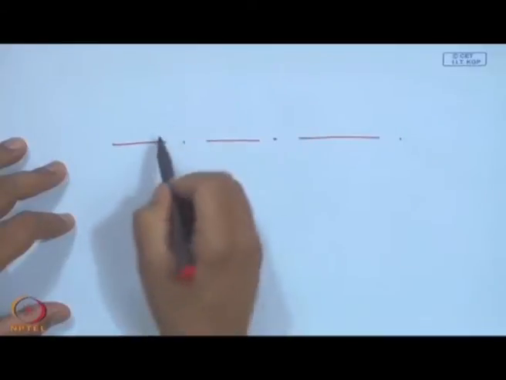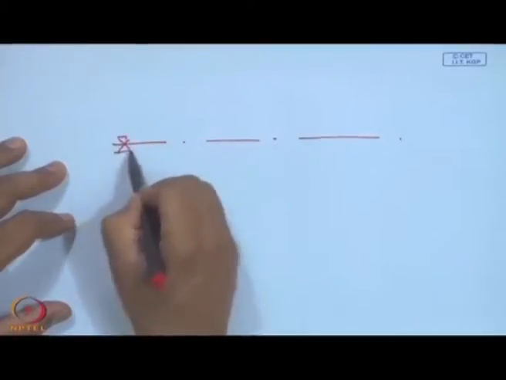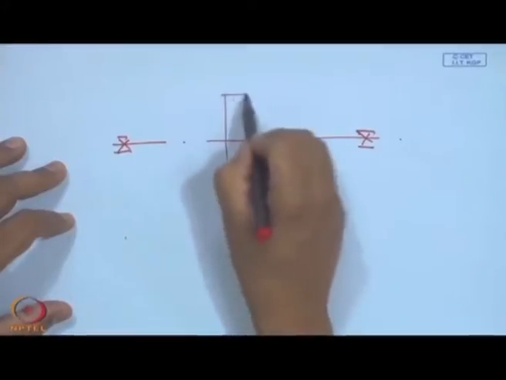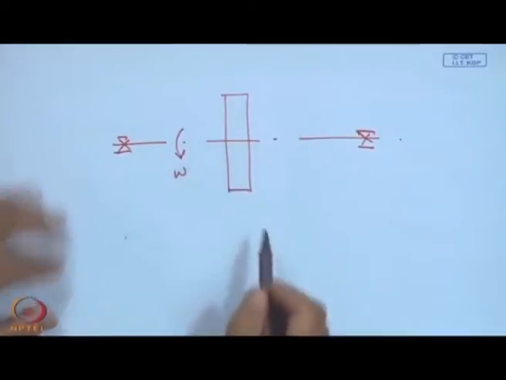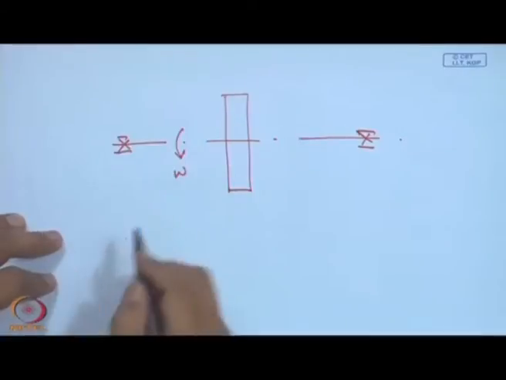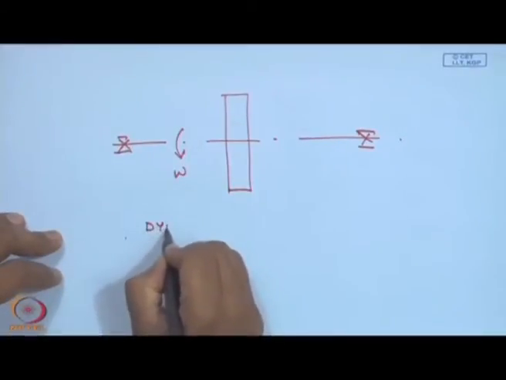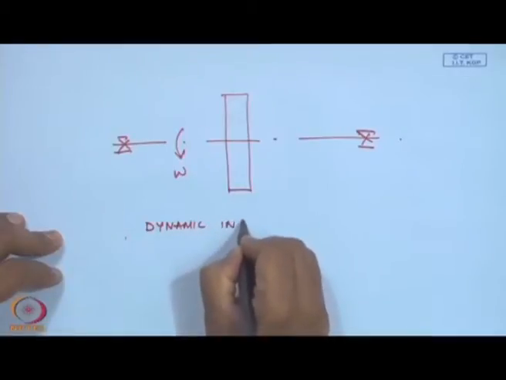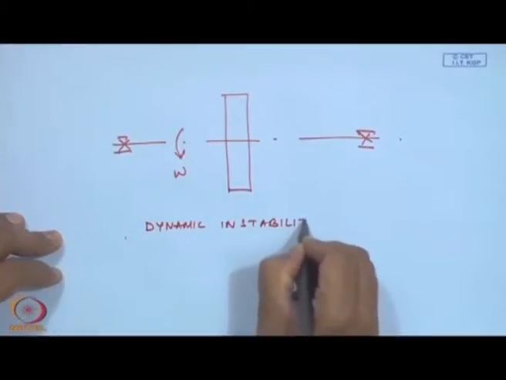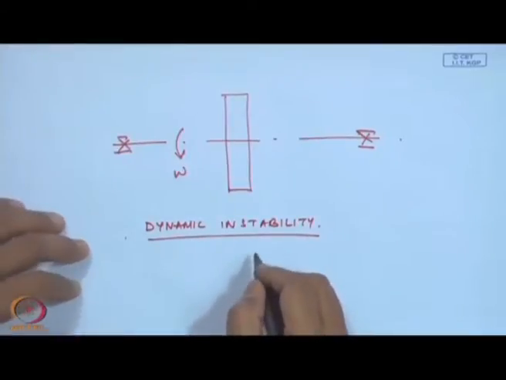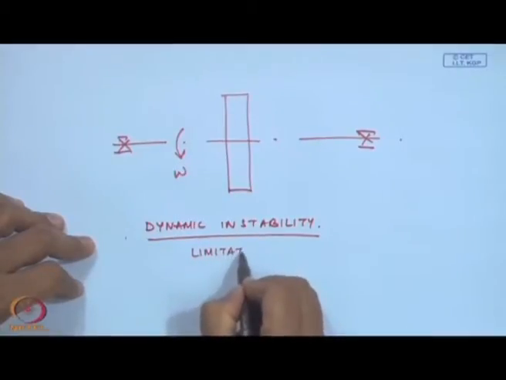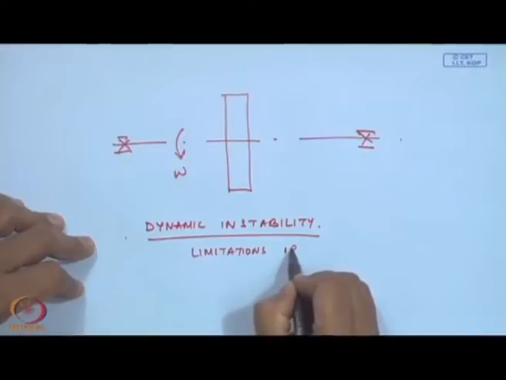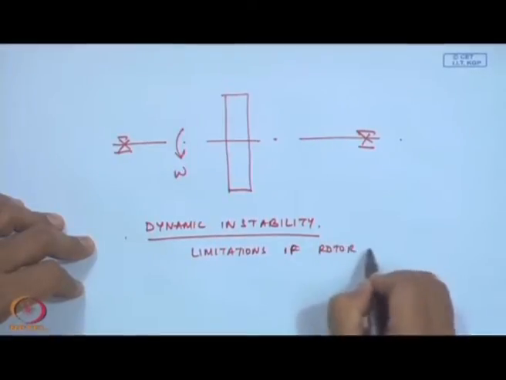Later on, you will see when this rotating shaft, having a disk, is rotating at a particular speed, there will be speeds at which there will be a lot of dynamic instability. And in fact, this is one of the serious problems in the limitations of rotor speeds.